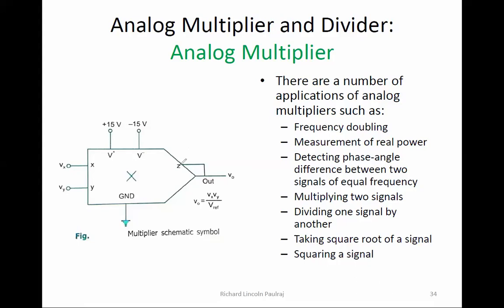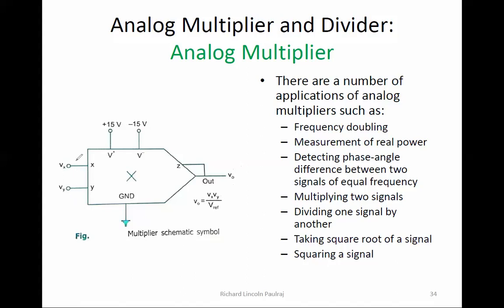So we have two inputs here, the terminals Vx and Vy, and the ports are X and Y. So the voltage across X and the voltage across Y, and we have V plus and V minus, and the output. So we will see now, this output is equal to the multiplication of both.